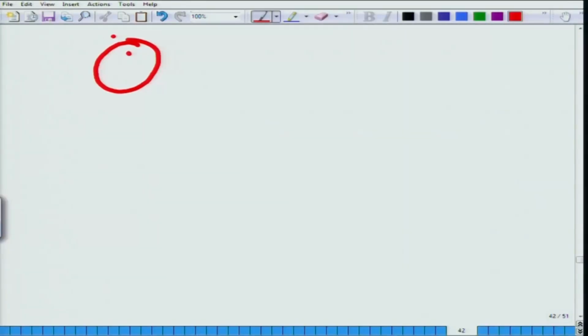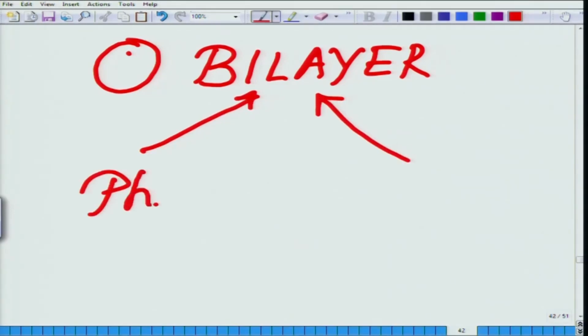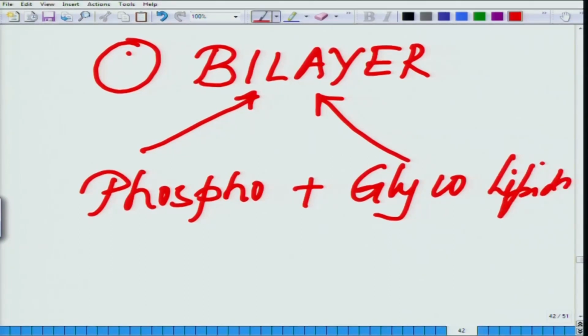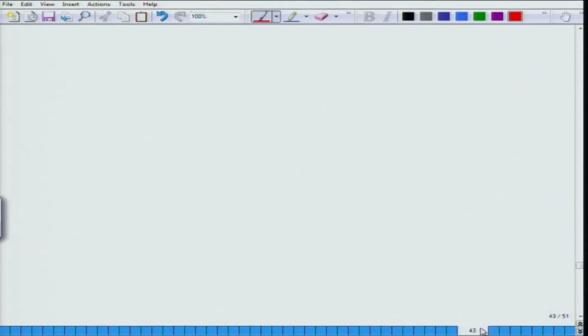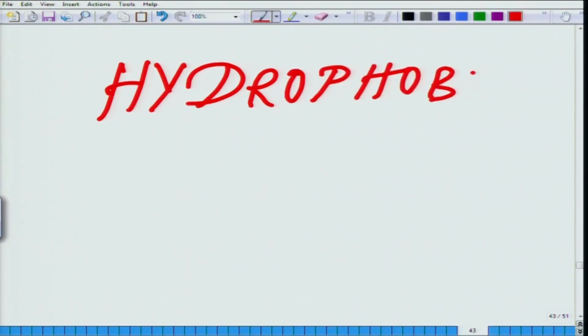Feature 1 is this bilayer formation, which is directly linked to the energetic feature of phospholipids plus glycolipids. This is extremely essential to understand. There is a major hydrophobic interaction between the lipids in order to form the membrane.